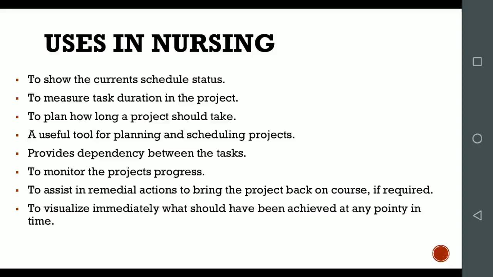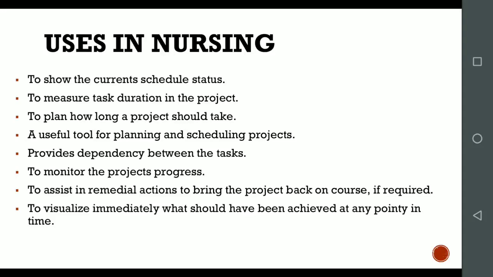Now, telling about the use of the Gantt chart in nursing management. Firstly, to show the current schedule status, meaning up to when or up to what extent we have reached yet. That can be seen by the use of the Gantt chart in nursing management.